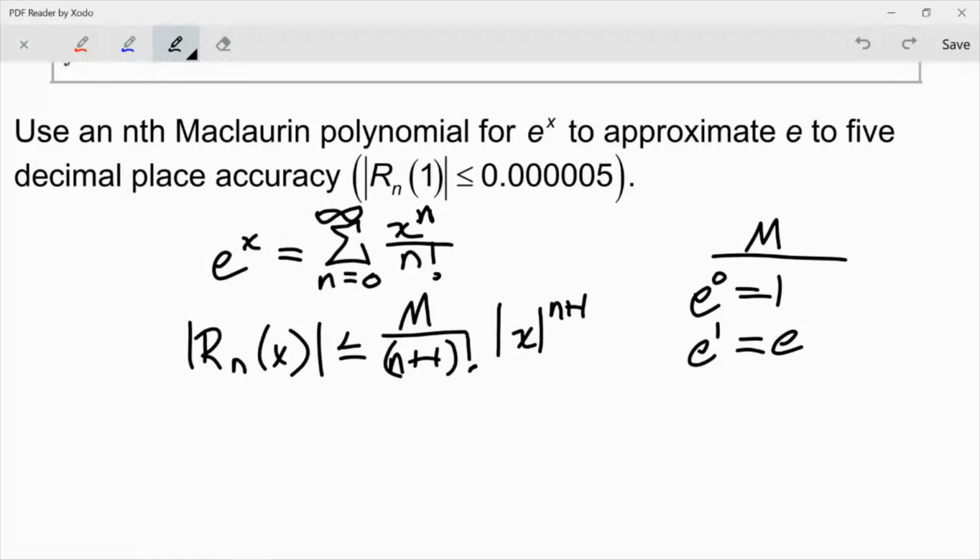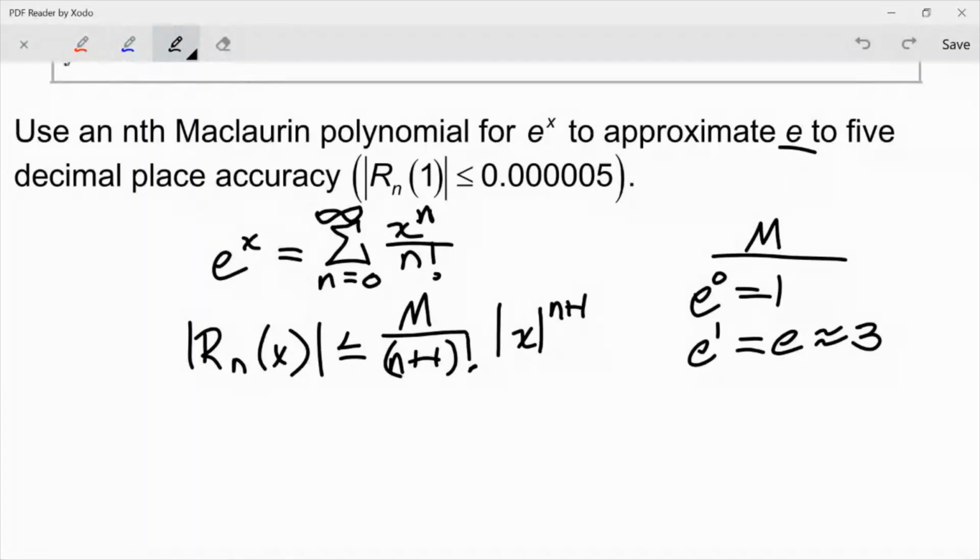The problem that I have here is that the maximum value of my derivative is the value that I'm trying to approximate, right? Because we're trying to approximate e to 5 decimal place accuracy. So we're assuming here we don't really know what e is. So I'm just going to say, well, I don't know exactly what e is, but I know that 3 is a little bigger than e.